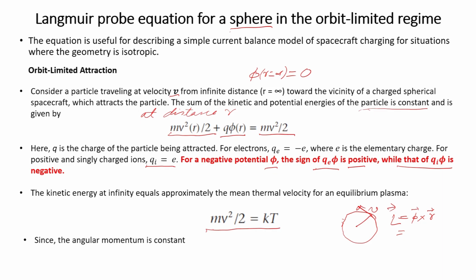If this particle has mass m, it will have m v. For circular cases, this is the r vector and this is the v vector. So we can write m v h is equal to m v a, where a is the radius of the sphere. What is h? We will explain in our next slide.